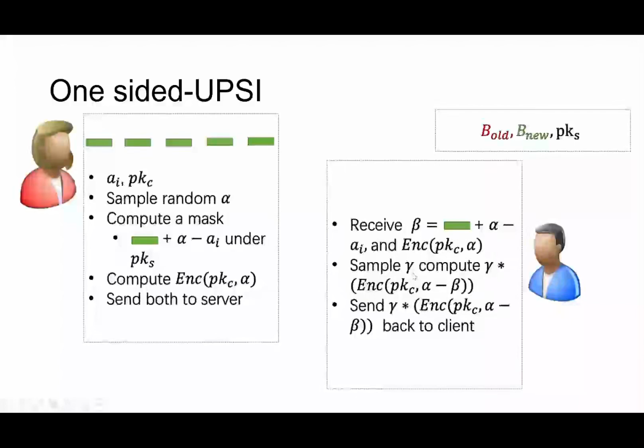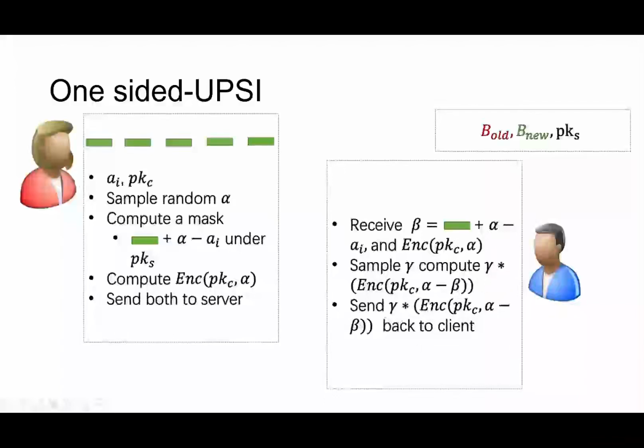The server also randomly samples gamma and computes alpha minus beta on the ciphertext, so the server will never know the result of alpha minus beta, and he masks this result with gamma. Notice that if green contains a_i, then alpha minus beta should be 0, and gamma is not relevant here.